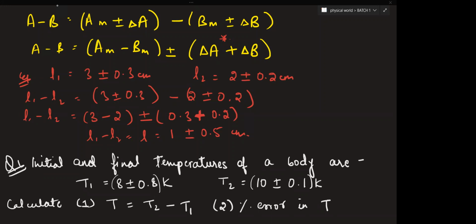Percentage error will be calculated with the help of the answer that you have given. It is mean absolute error divided by mean value multiplied by 100.